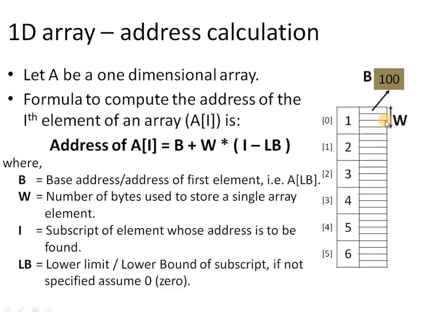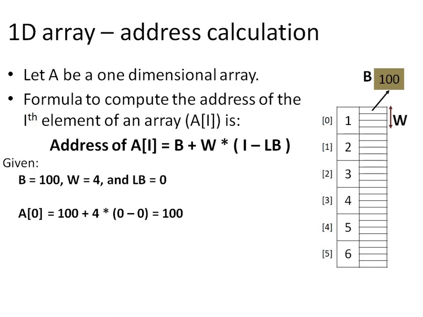Now, if we need to compute the address of the element at index position 0, then it's nothing but the base address only. So here we have B equals 100, W equals 4, and the lower bound is not given here, so we have to take it as 0.